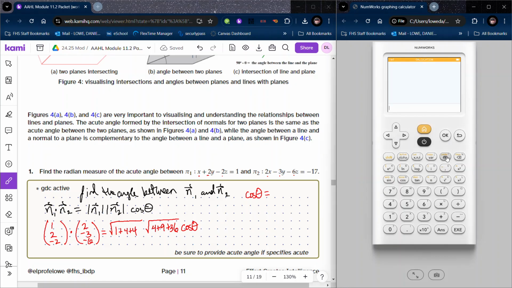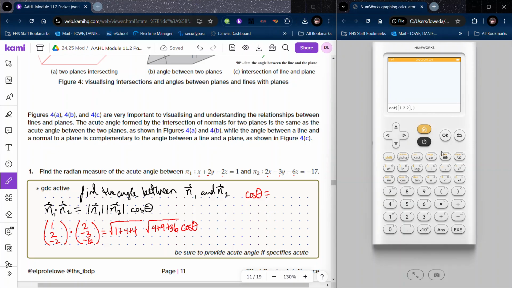We'll go to our toolbox, come down to matrices and vectors, and head down to vectors, and we can find our dot product. Back to the vector piece in the toolbox. I can add a new matrix or vector, and I'm just going to write the row vector for my first one, which is 1, 2, and 2.